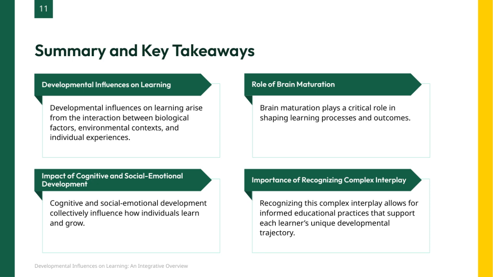At the same time, cognitive growth and social emotional development work together to influence not just what we learn, but how we approach learning and personal growth. Understanding this complex interplay is key, as it helps educators tailor their approaches to support each learner's unique developmental path effectively. This holistic perspective ensures that educational practices truly meet the needs of every individual.